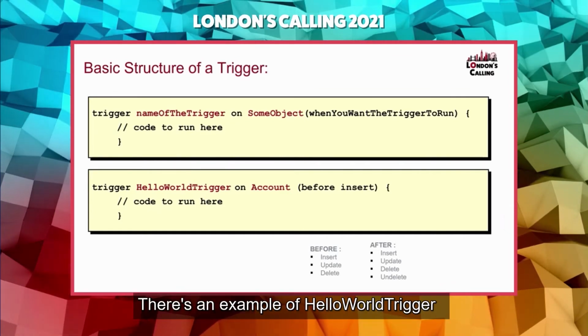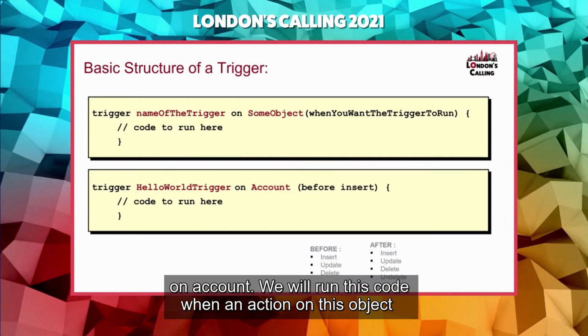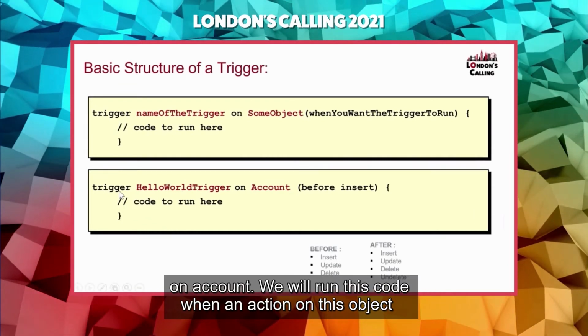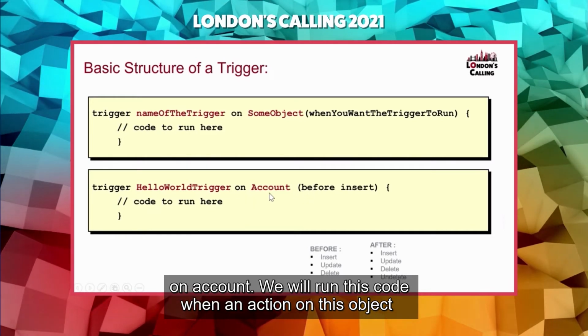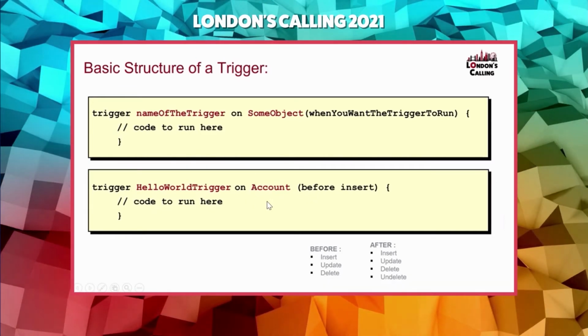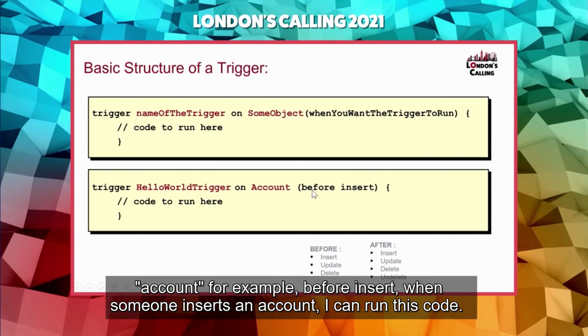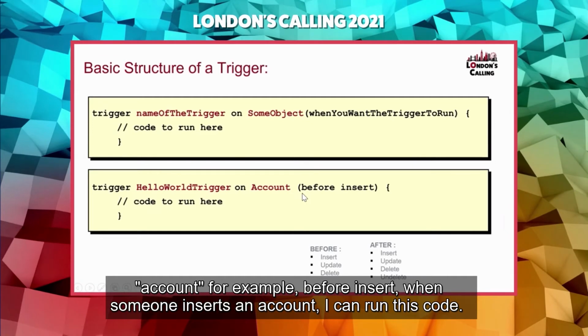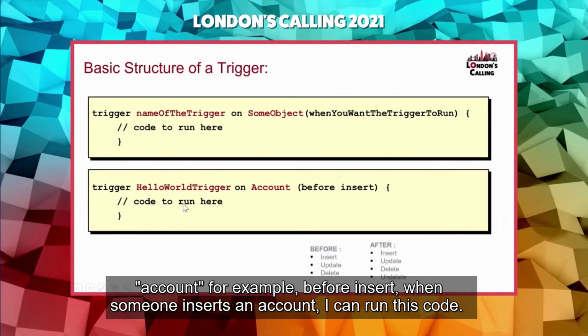Here is an example of a hello world trigger on account. We will run this code when an action happens on this object, account. For example, before insert, when someone inserts an account, I can run this code.